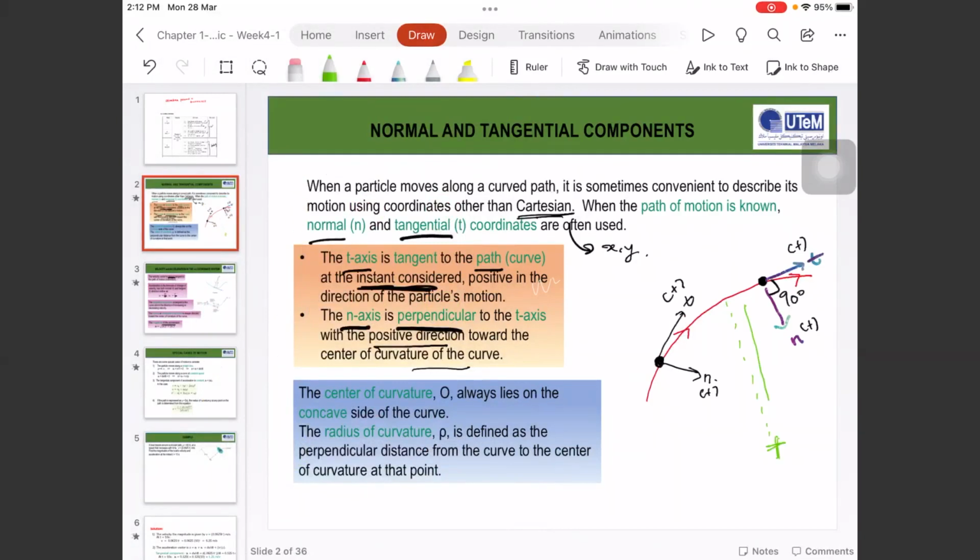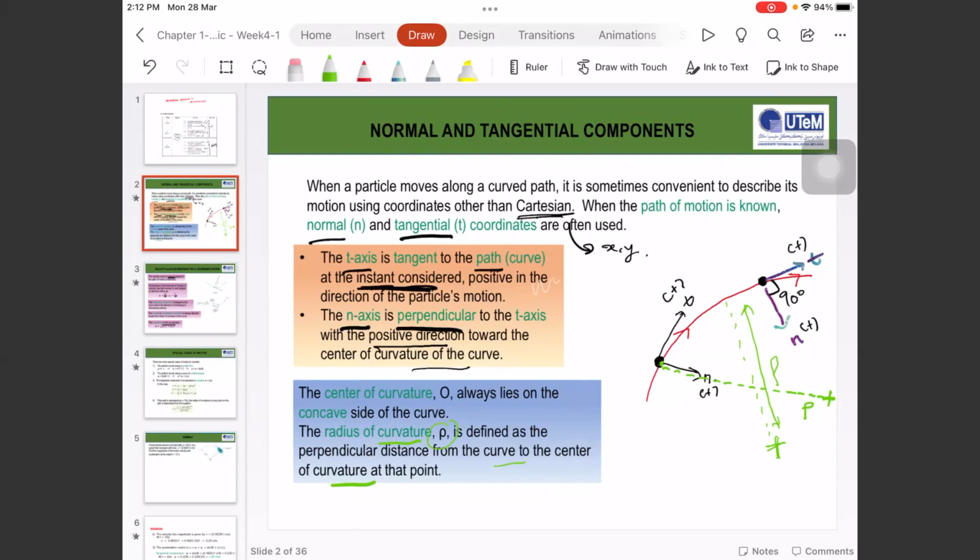So this radius we call rho. Radius tu dia tak constant. Maybe at these locations the radius is here, maybe here, rho. So each location of the particle has its own radius. Right?